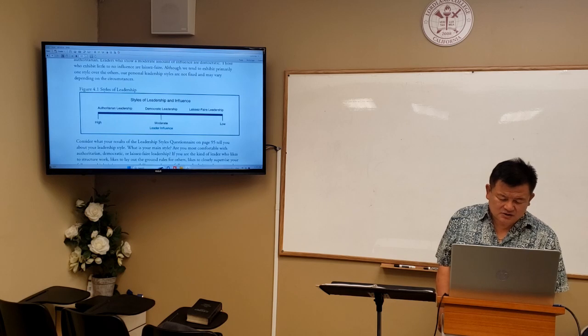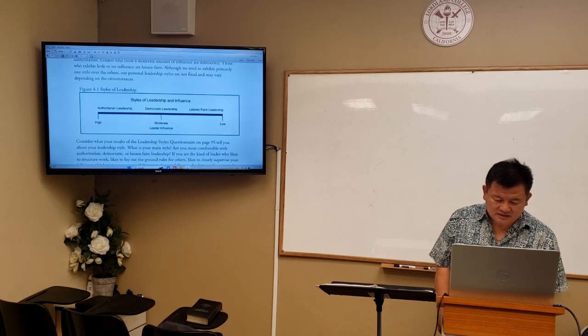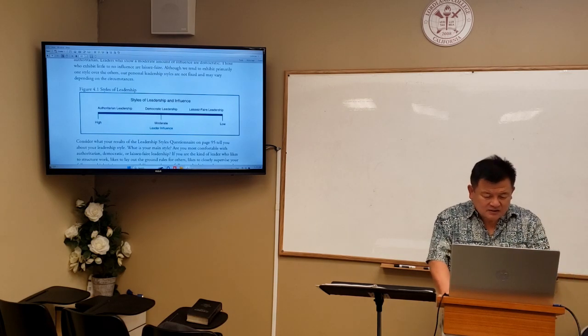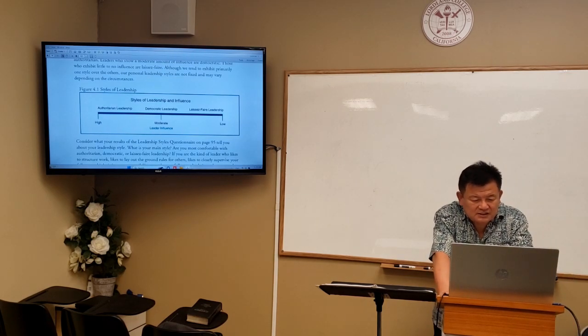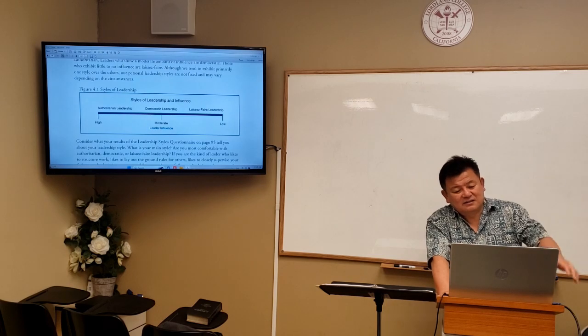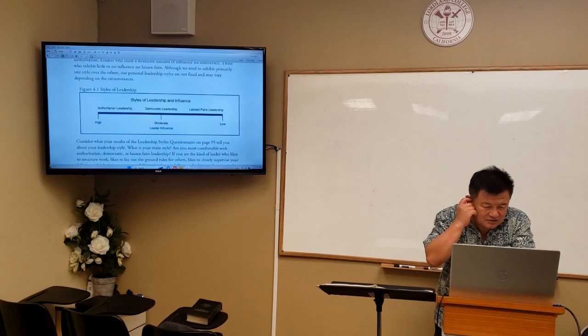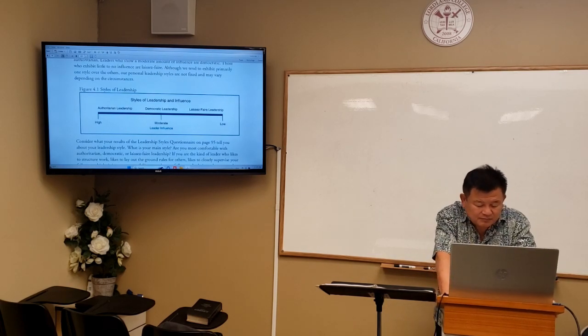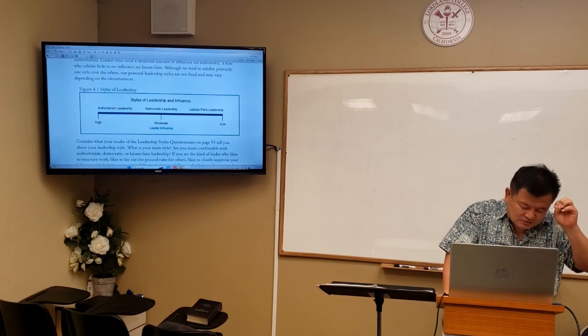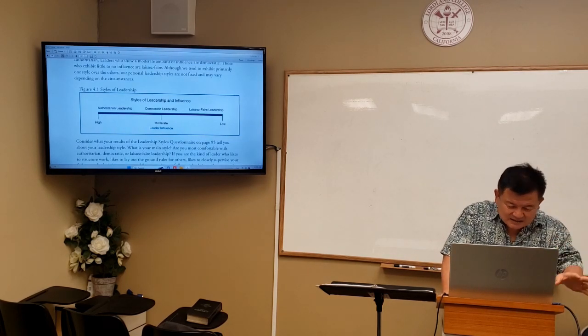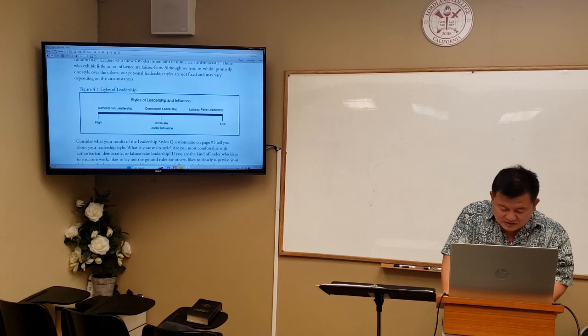Authoritarian leadership is on the left side, in the middle position is democratic leadership, and laissez-faire leadership is on the right side. It means leadership influence is very high in the authoritarian leadership style, because the leaders give the direction, the guideline, and the responsibility to the followers.